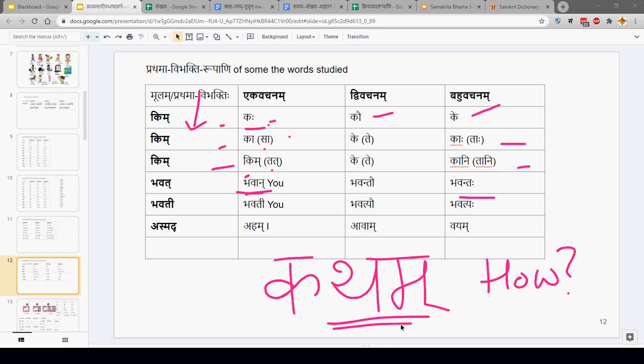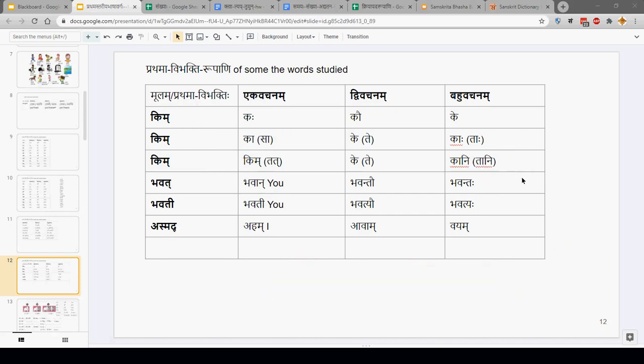So katham is katham. To say how are you, we say Bhavan katham asti. If it is plural, we can say Bhavantaha katham santi. Because bhavantaha is plural, santi, the kriyapadam, should be plural. Bhavantaha katham santi. How are you guys?